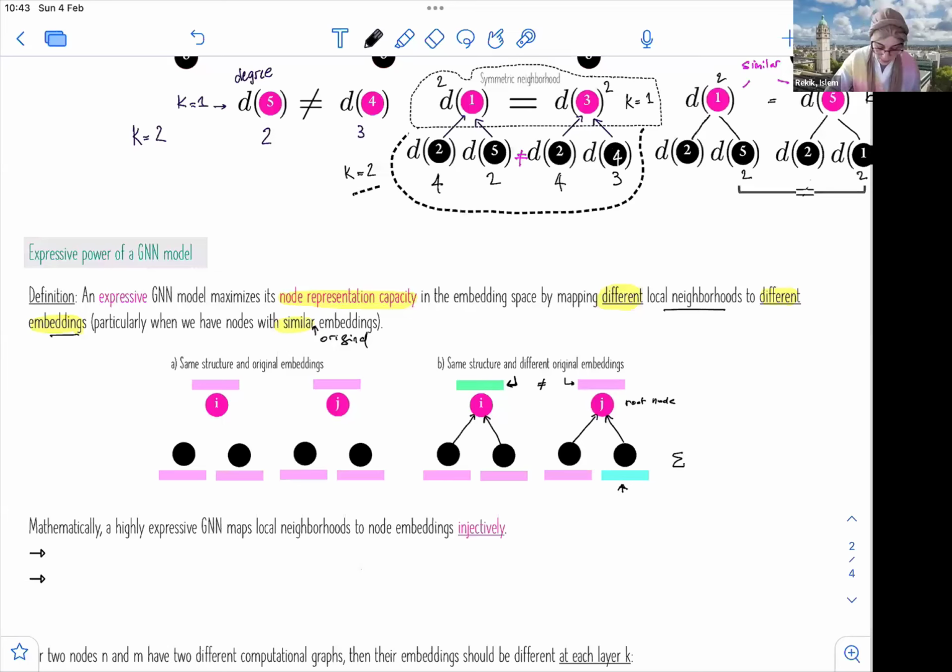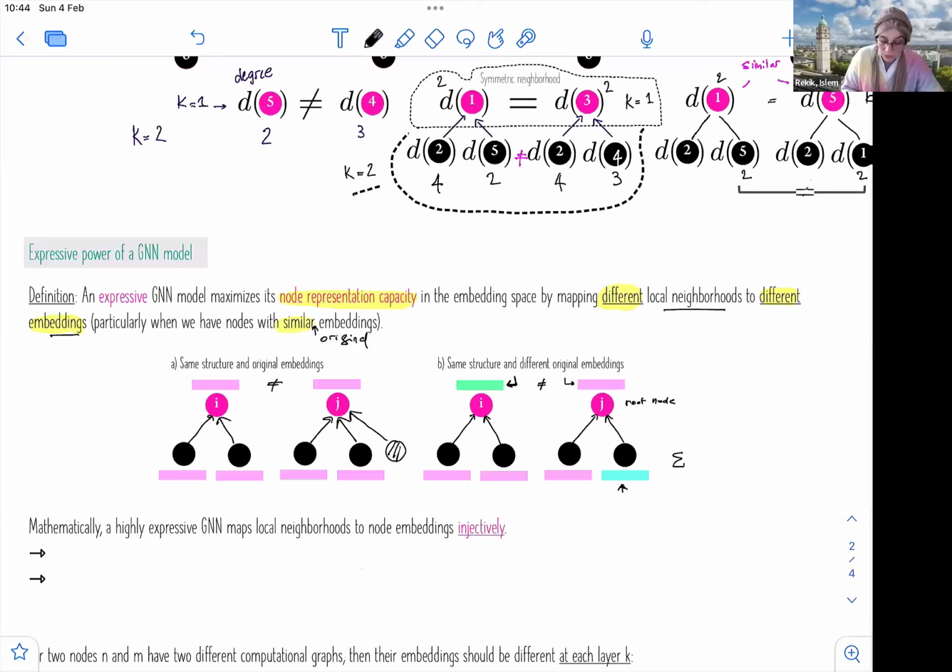So in this case, if we have three nodes, let's say, for example, if I do summation, I have a third node, okay? So I should get these two actually should be different because now they come from different topologies, right? But it may be that we need to check which kind of aggregation function we use. Will all aggregation functions give us a different embedding if the topology is different?